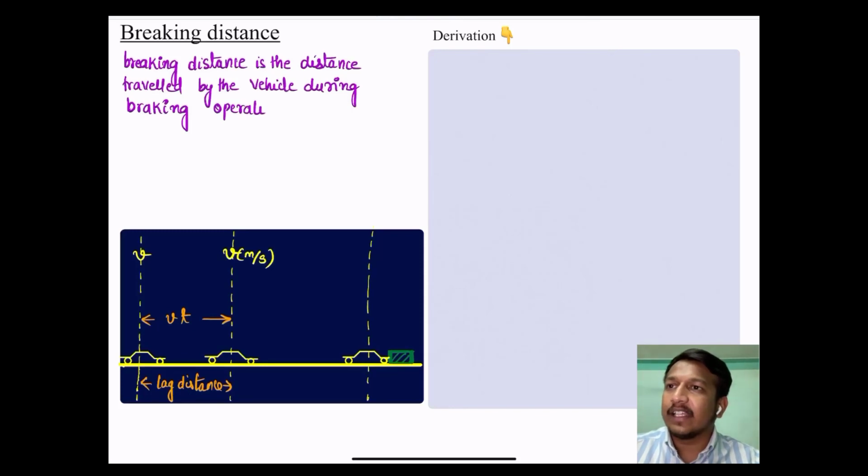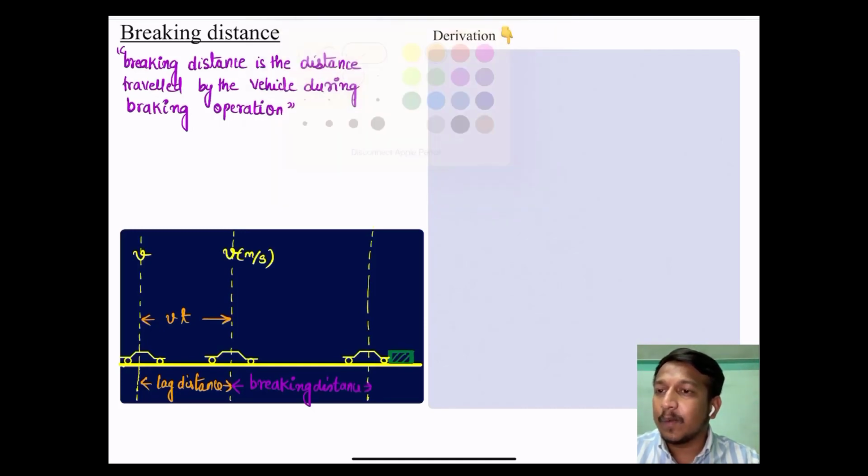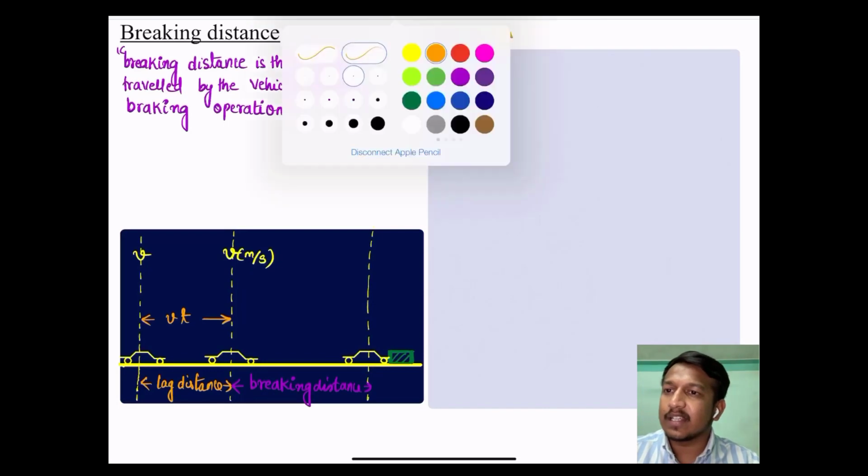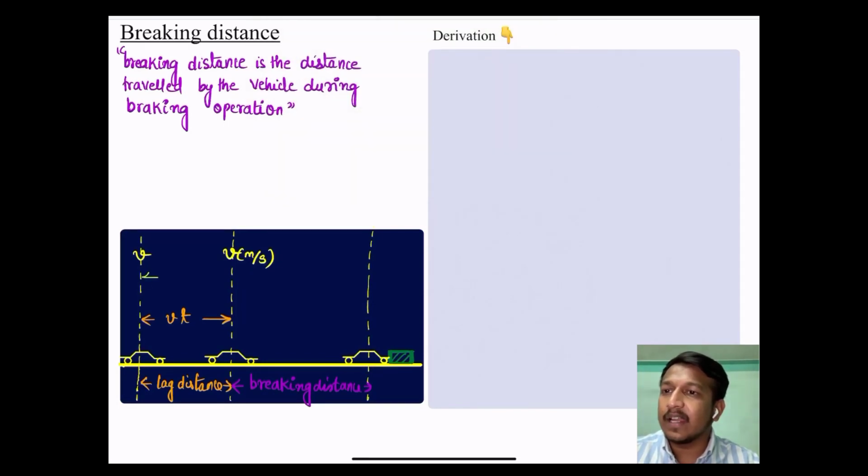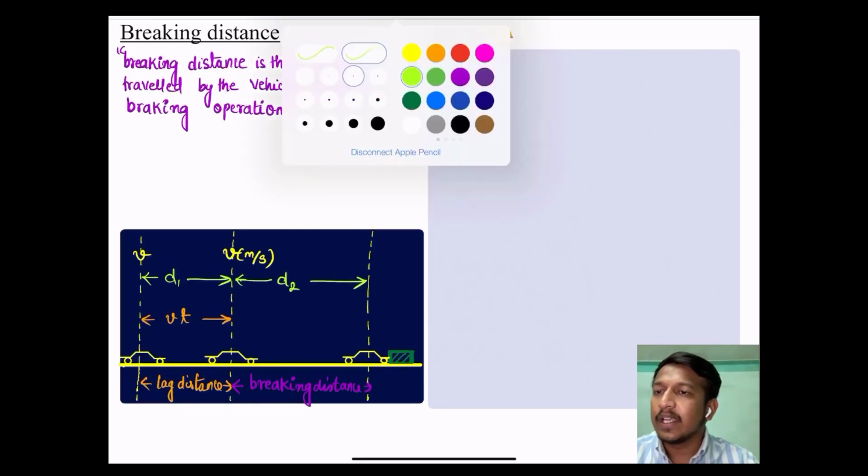Whatever distance the vehicle travels during the braking operation, that distance is nothing but the braking distance. It means that after applying the brake, till the vehicle stops, whatever distance I have shown here is the braking distance. The vehicle stops because work is done by the friction to stop that vehicle. Here I have shown D1, which is the lag distance, and D2 is the braking distance.